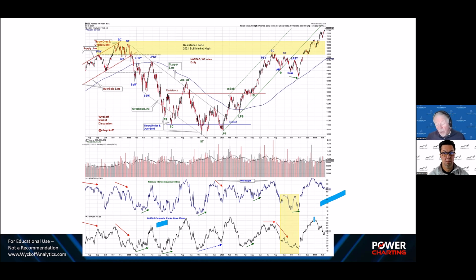And then this one here is actually below 50%. More than 50% of stocks, Blake, currently in the NASDAQ composite are below their 50-day moving average, as a measure of whether we're in an uptrend or a downtrend. And so right now you have more than half the NASDAQ composite stocks, by that definition, in a downtrend.